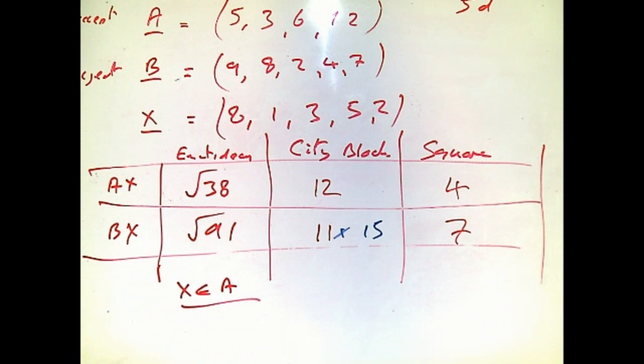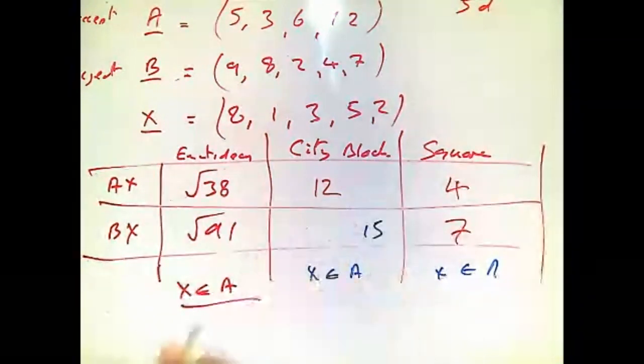It's shorter, it's closer using Euclidean. It is closer using city block. And X belongs to A there. And that's how you use it. So if you want to match people on their Facebook likes, you just create a vector, same format for everybody, and you can start doing manipulative things and sending messages and contacting people according to their supposed similarities and properties.